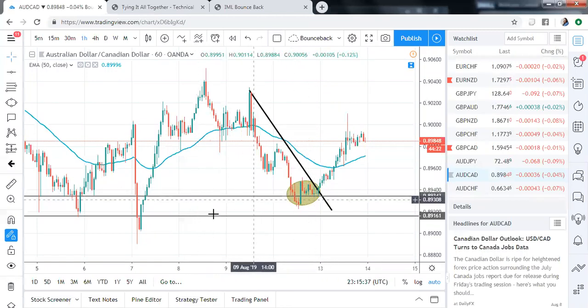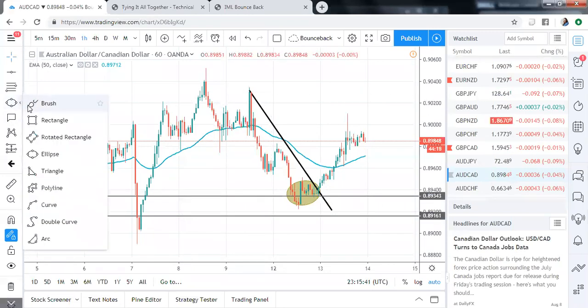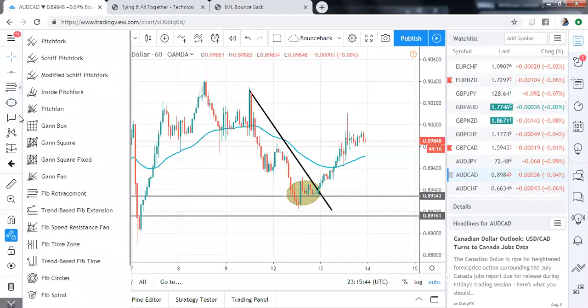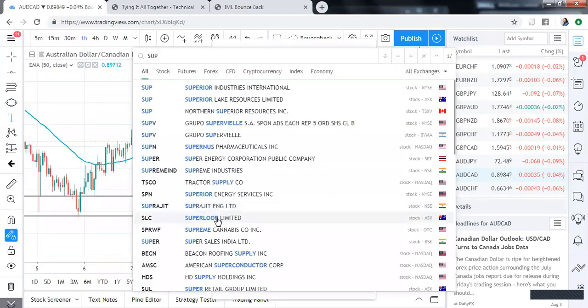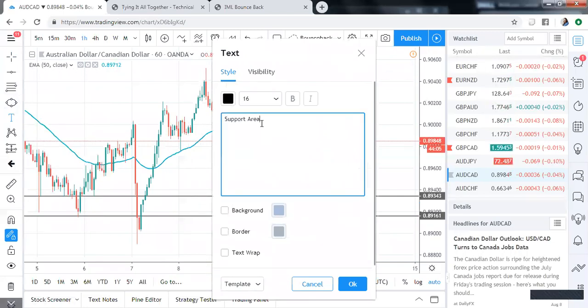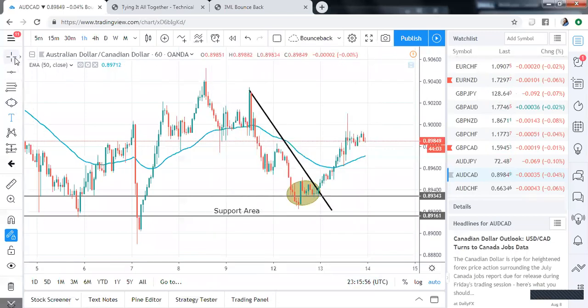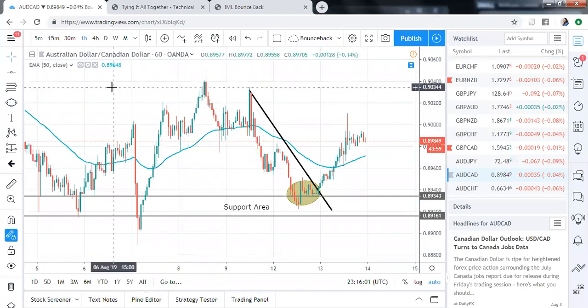This is why we identify our area here, because we're looking at the setup that we are going to trade, right? There we go. Good.